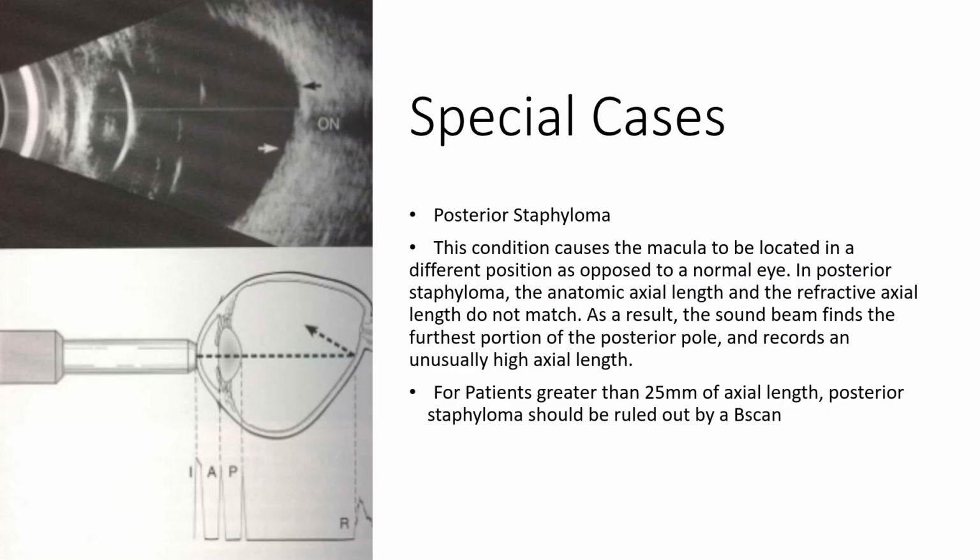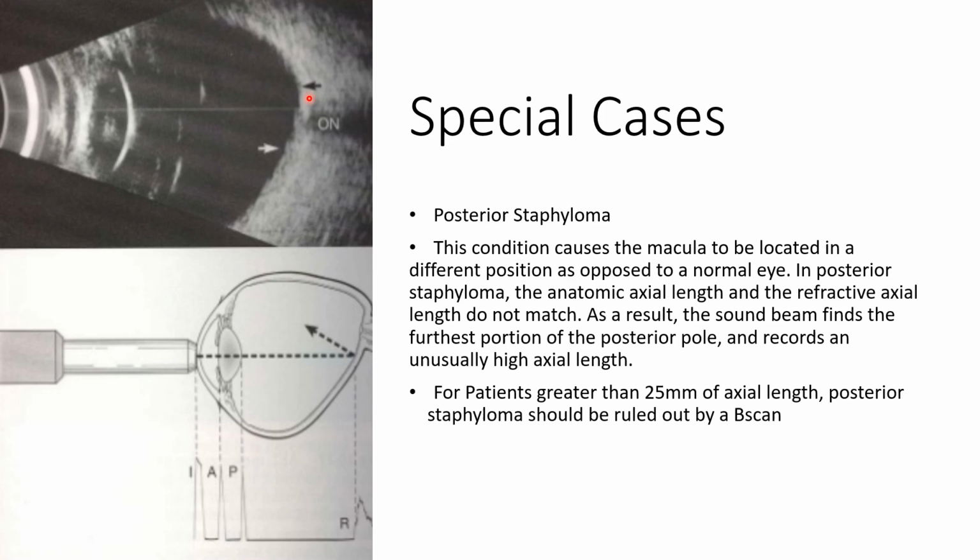So in certain special cases, ultrasound biometry may not be the right option. For example, posterior staphyloma. What is posterior staphyloma? Posterior staphyloma is a condition where the patient's anatomic axial length does not match the refractive axial length. That is, the fovea is not located where it is supposed to be.